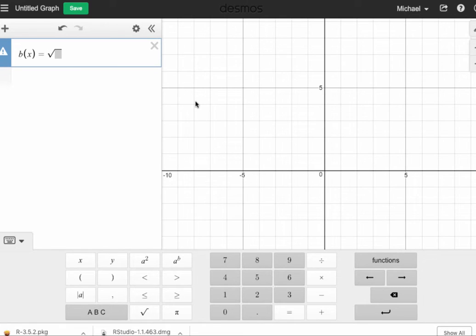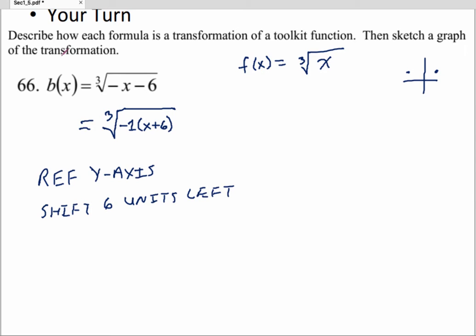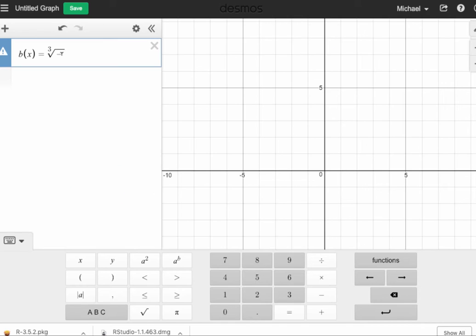Okay, so this is the cube root of what? Well, we said it was the opposite of, if we go back, we can write it either way. It's negative x minus 6 if you want to do it that way. There we go.